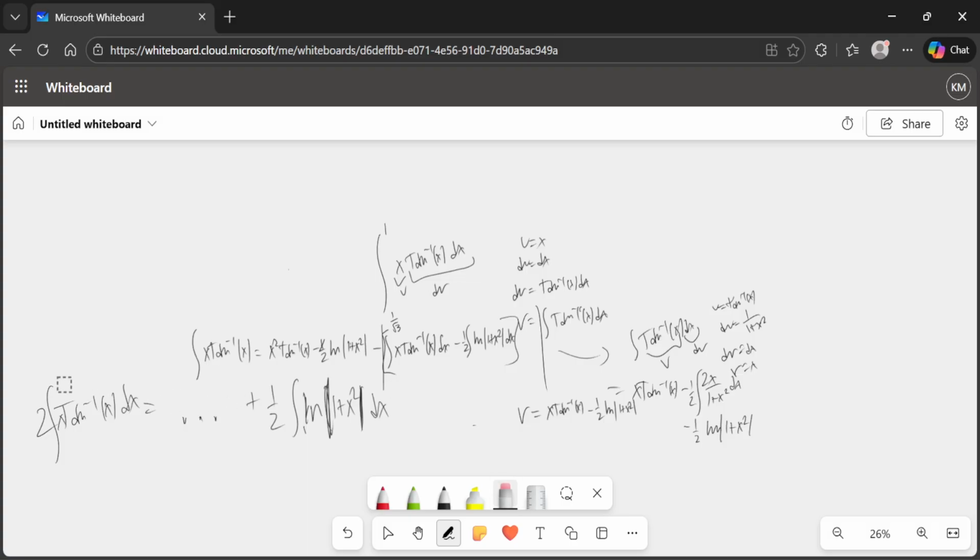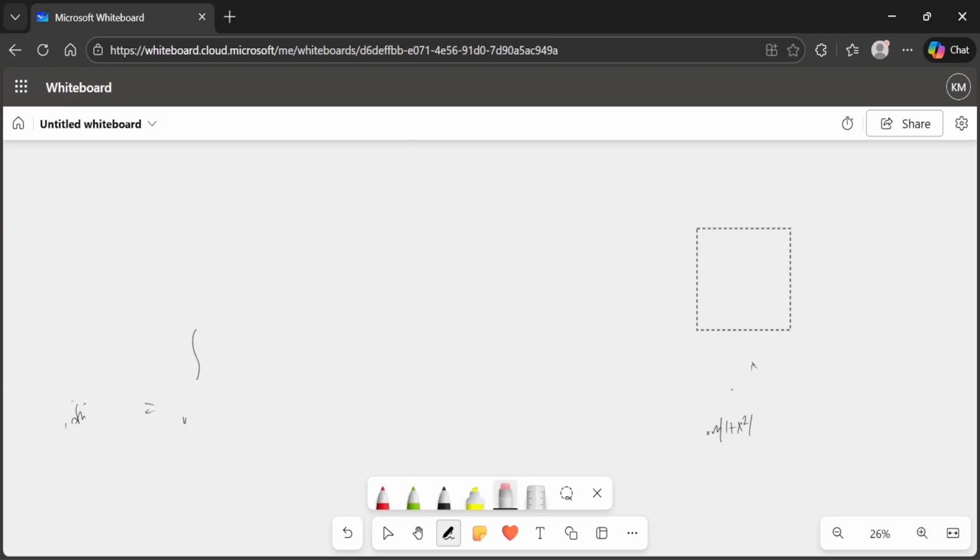Okay, I think maybe it might be easier to flip the u and the v here, which is a little interesting, but it might work. x tangent inverse x dx. Make this our u, make this our dv. I'm worried it'll introduce complexity, but as long as you can remove the tangent inverse x, I think you can deal with increased powers of x for a little bit.